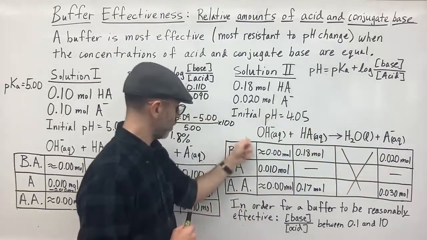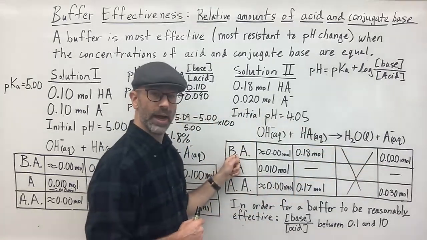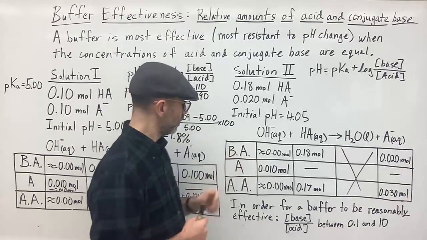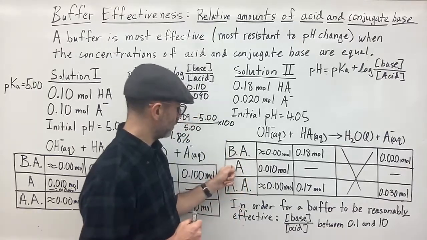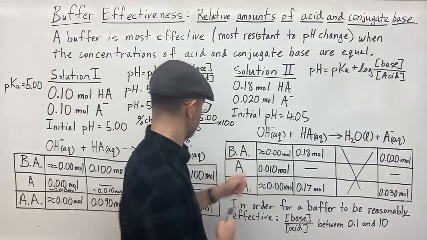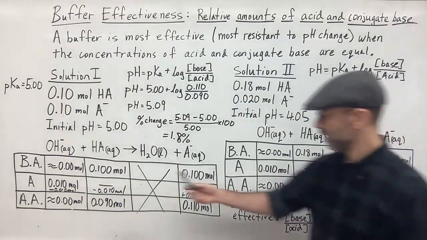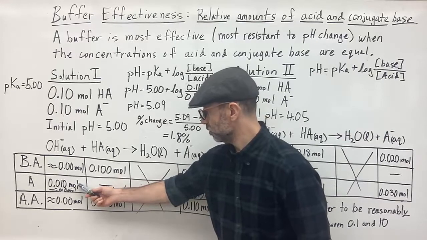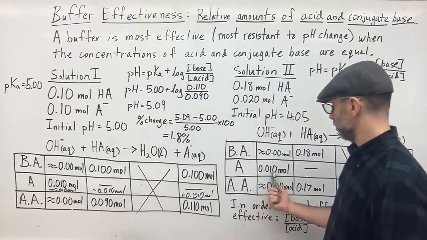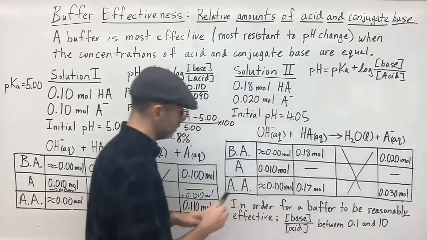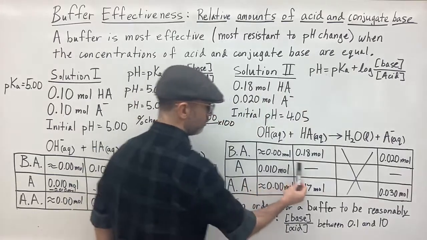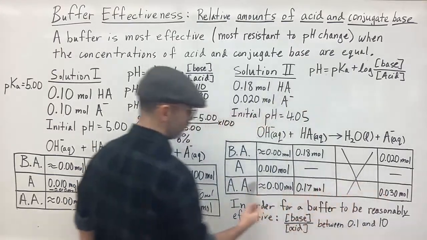So again, these are our initial amounts before I add the base. Now I add the base, and again, we're assuming the same amount. So I'm adding the same amount of base here as I did here, 0.010 moles of base. Again, we're not adding anything here.